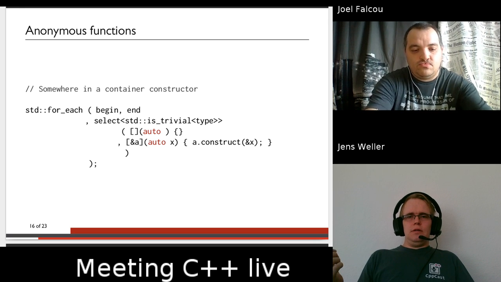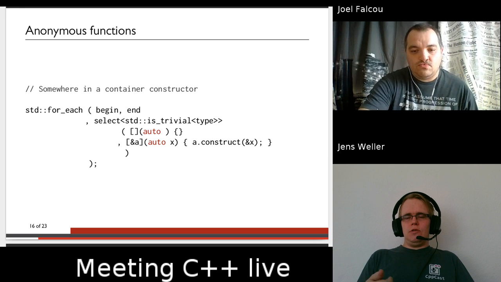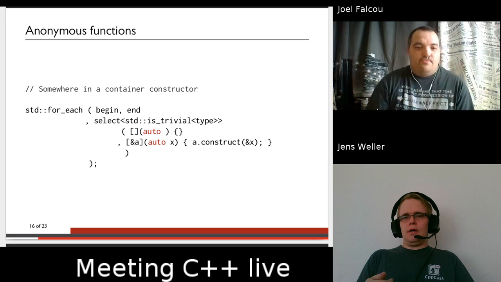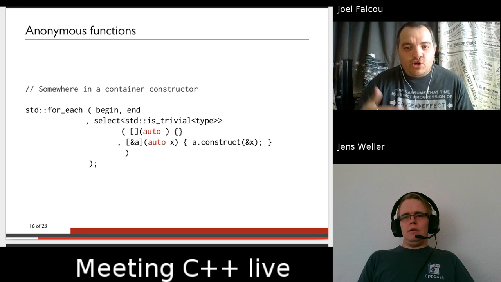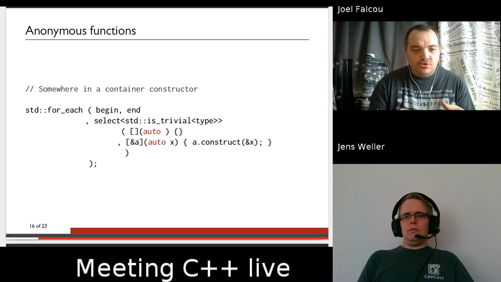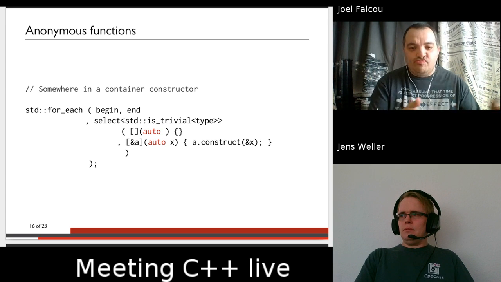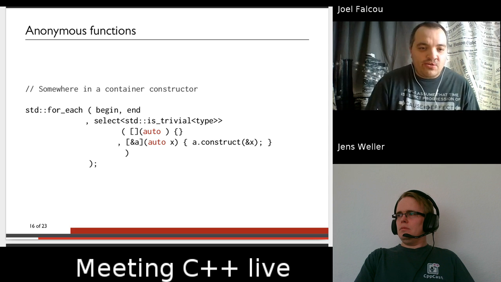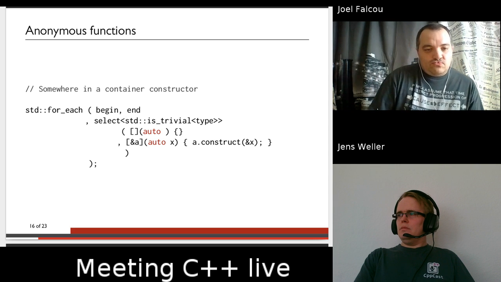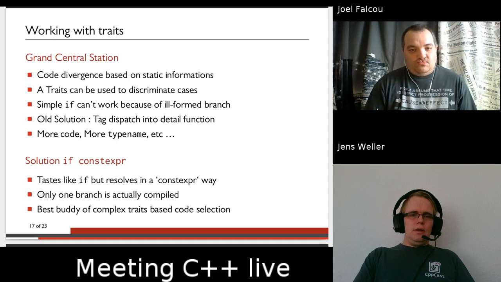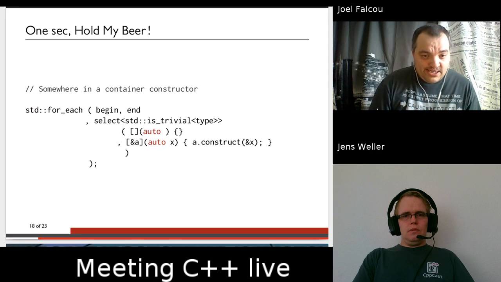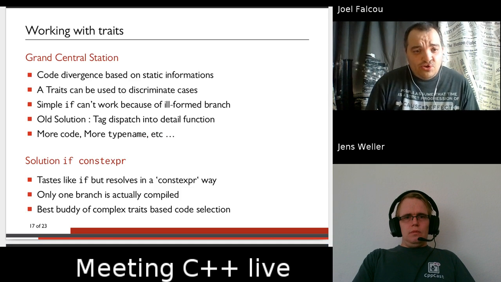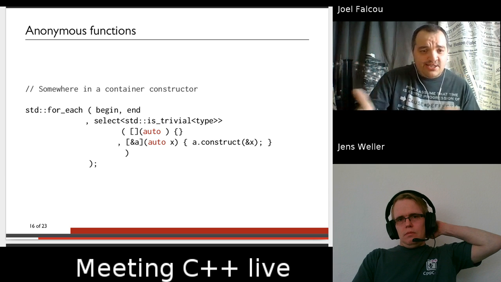In the case that it's trivial, you do nothing, and in the other case, you insert a lambda, which is calling construct on the element, and a is supposed to be some kind of allocator or something. So the idea there was to actually have very local code like this, instead of having to write a function next to that, dispatch and so on.